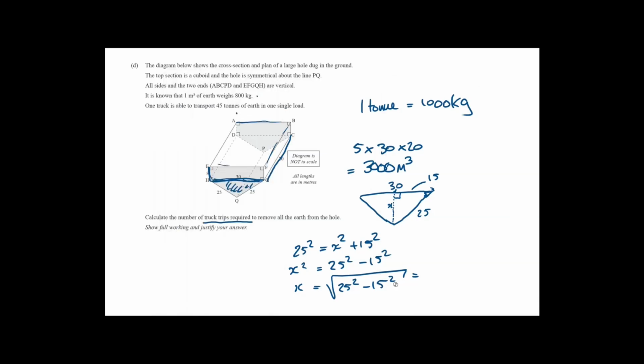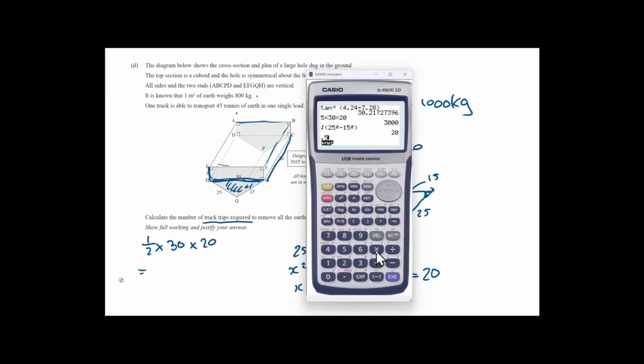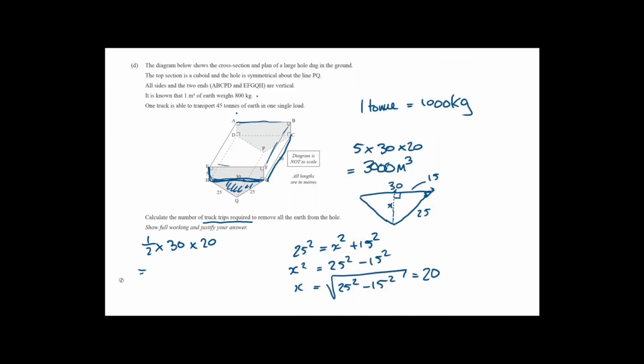Okay, 20. So therefore, the area of this triangle is going to be half the base times the height. So it's going to be half times the base, which is 30, times the height, which is 20. So half, 0.5, times 30 times 20 is 300.